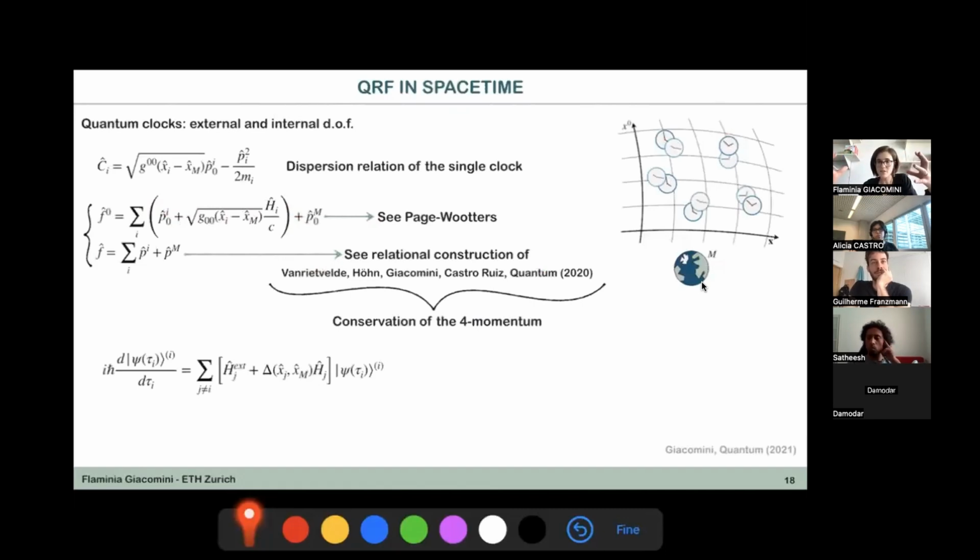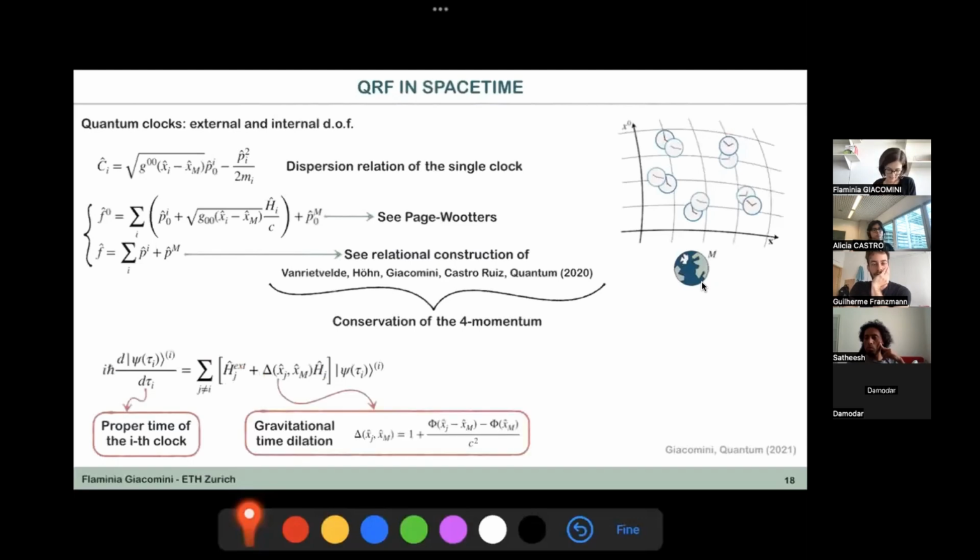Here we have a perfectly analogous operator to reduce to the perspective of one single clock, where the time evolution is given in the internal Hilbert space, basically the proper time of the single clock. And this single clock describes all the other clocks in its proper time and assigns some Hamiltonian that you can write as the external Hamiltonian of the other clocks, plus the tau dot times the internal Hamiltonian of the other clocks.